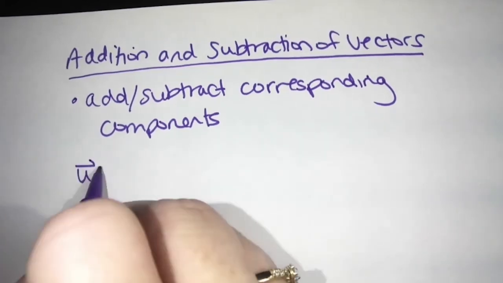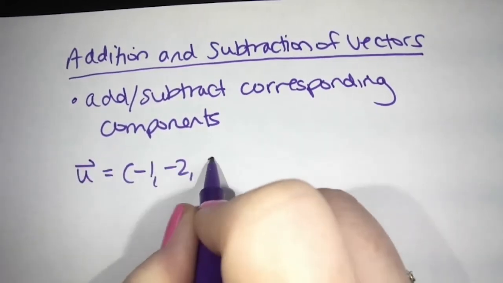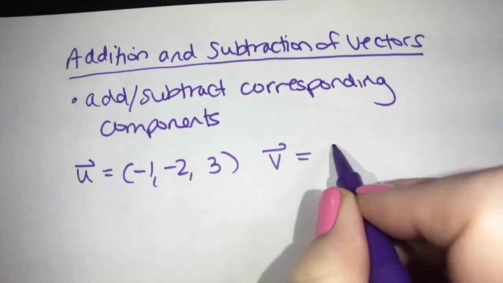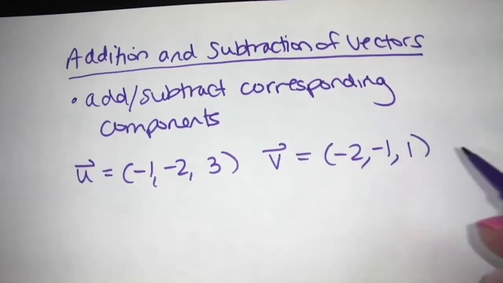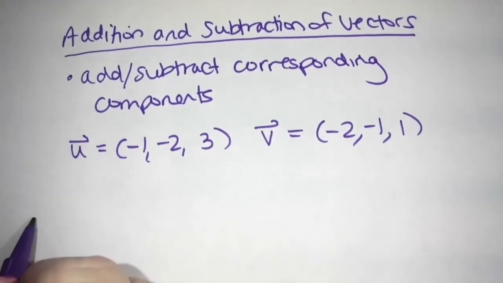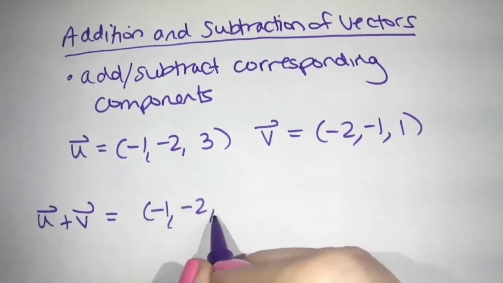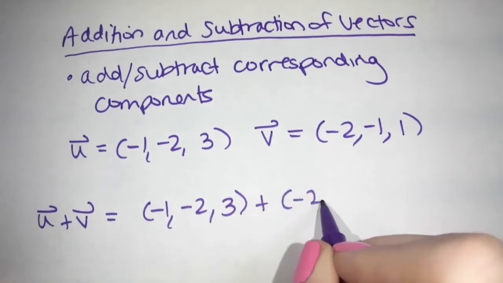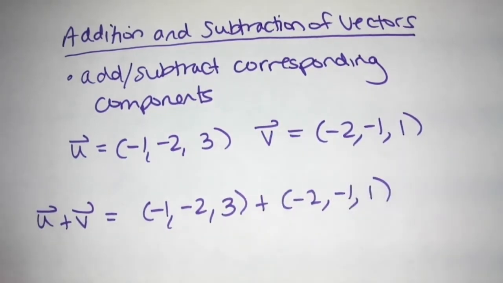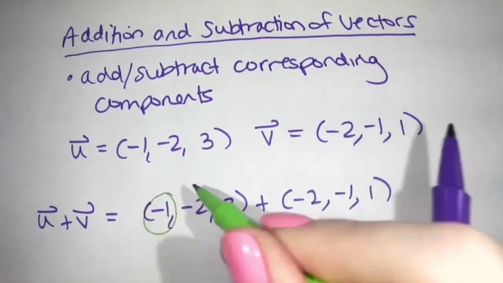So if we have our same vector u here, -1, -2, 3, and our same vector v that we've been using, -2, -1, 1. If we want to work out u plus v, we have -1, -2, 3 plus -2, -1, 1. And so we add the numbers in the same spot.